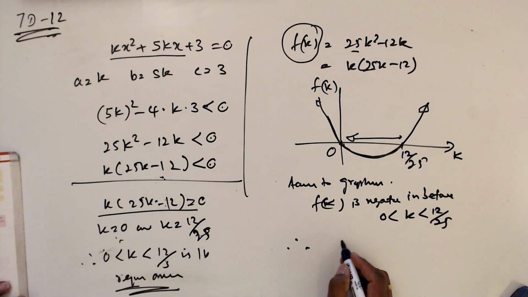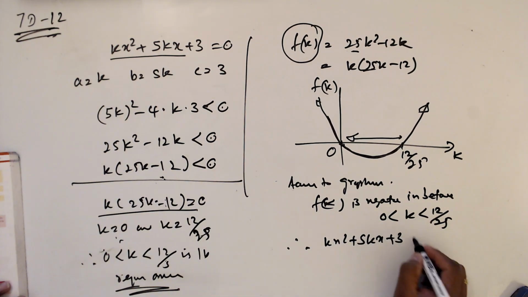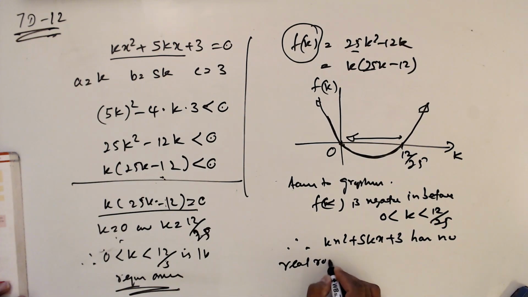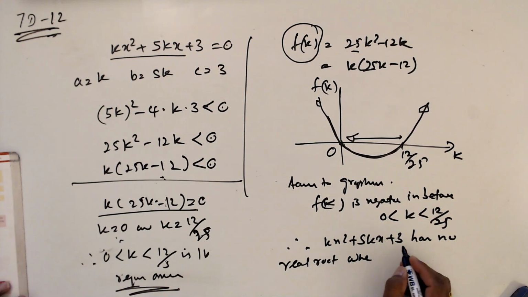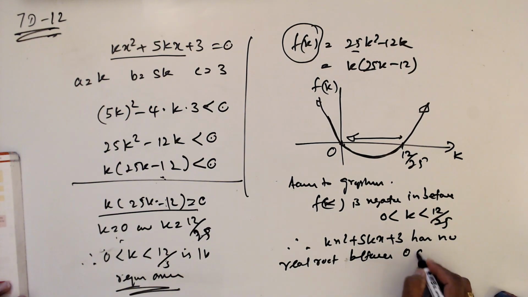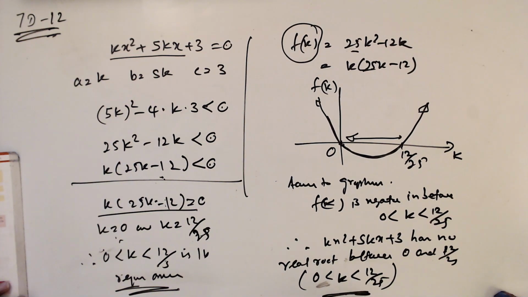Hence you can tell that kx squared plus 5kx plus 3 has no real root when k is between 0 and 12 over 25.